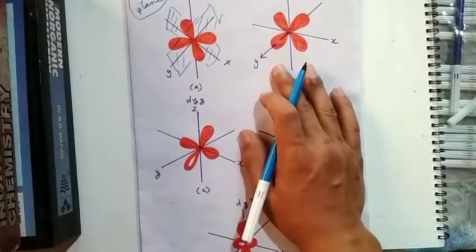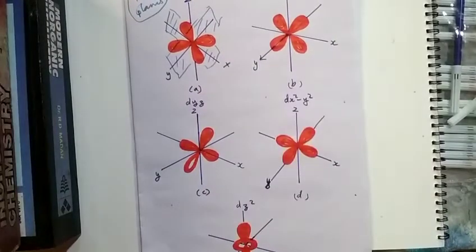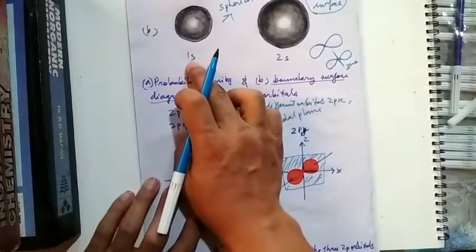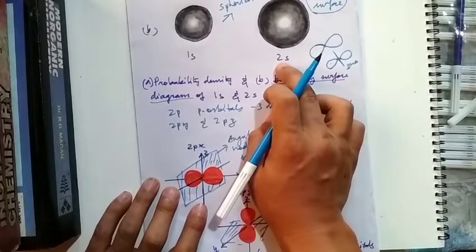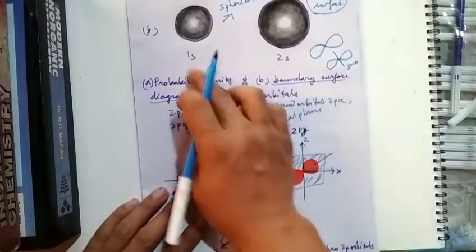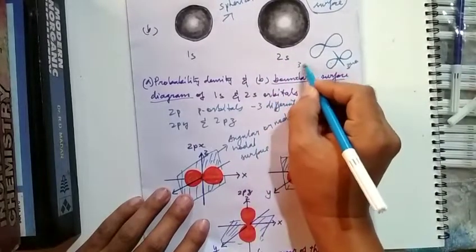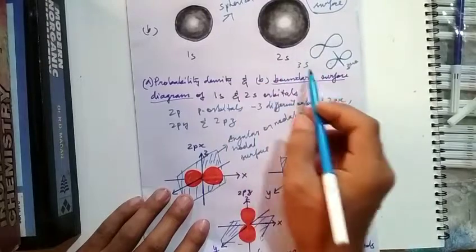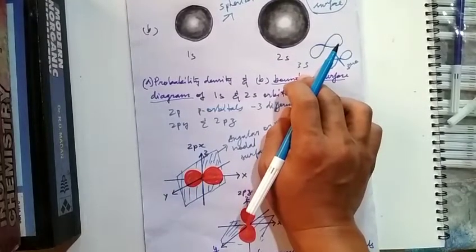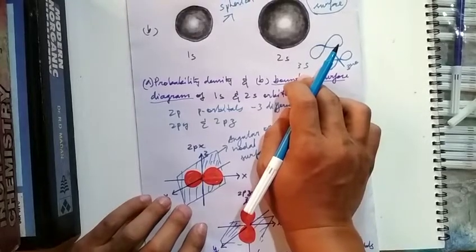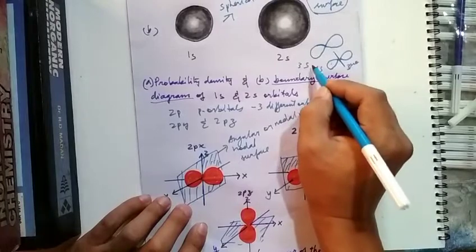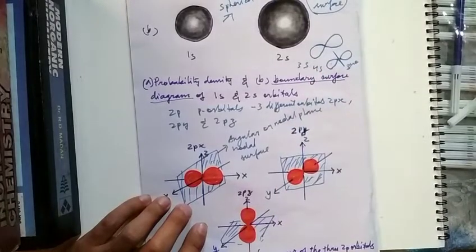And one more thing, 1s orbital is smaller than 2s orbital. Then 3s orbital will be larger than 2s orbital. Similarly, 4s orbital will be greater than 3s orbital.